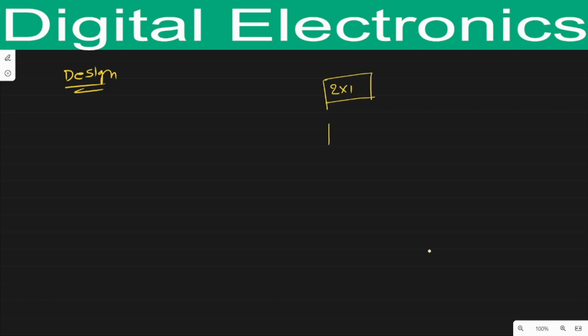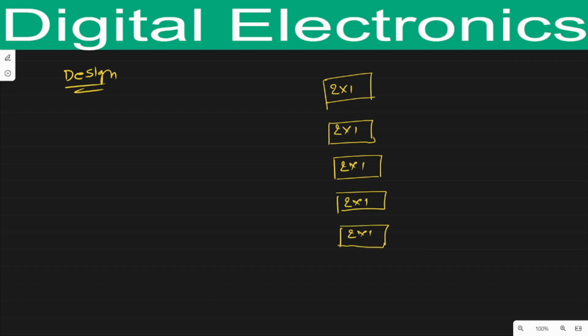So this one is our first 2 cross 1. This one is the second 2 cross 1. This one is the third 2 cross 1. This one is the fourth 2 cross 1. Fifth 2 cross 1. Sixth 2 cross 1. Seventh 2 cross 1.